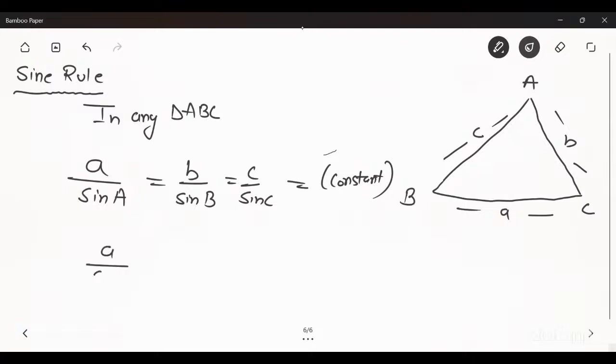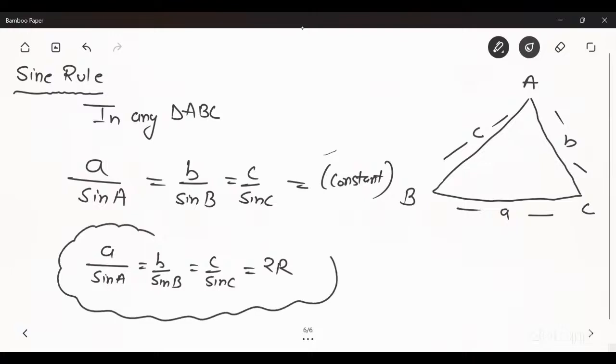Generally we take it as 2R, or you can take it as k. So that was the sine rule. Okay.